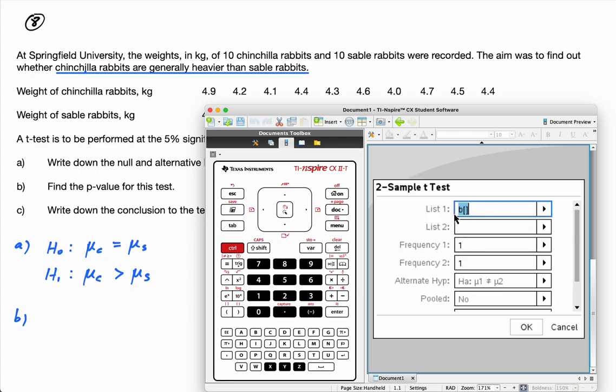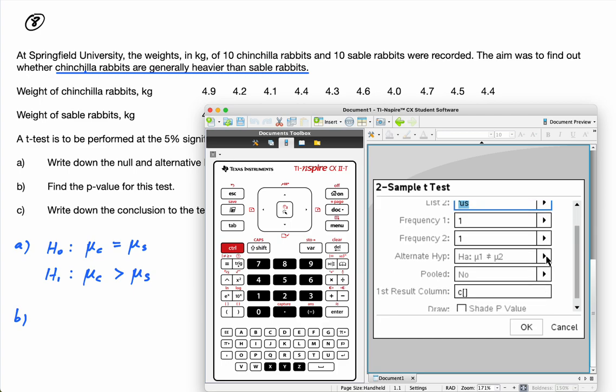Press OK. My list 1, from my mu1, is going to be UC. My list 2 is my US. Frequency, just leave that the same. And this is important: the alternative hypothesis is that mu1 is bigger than mu2, because of what we've already discussed.